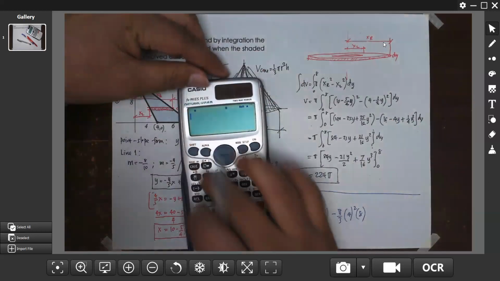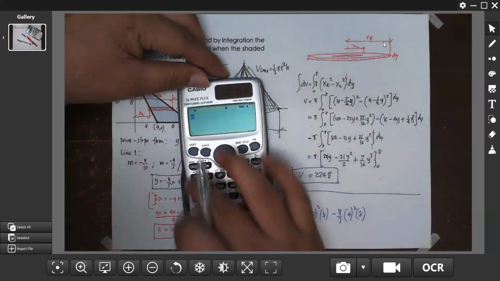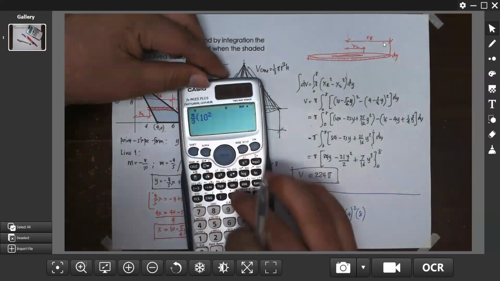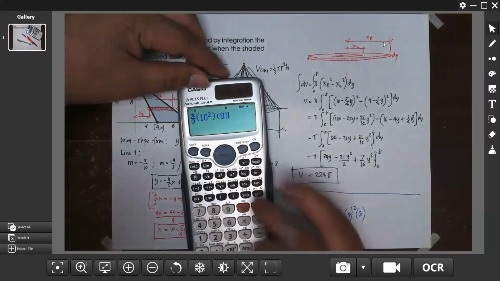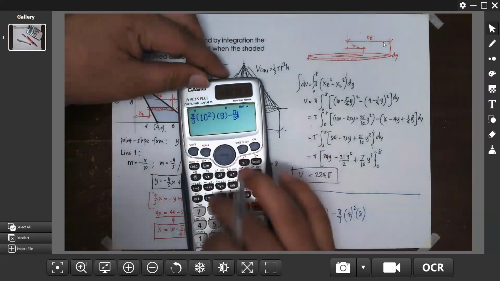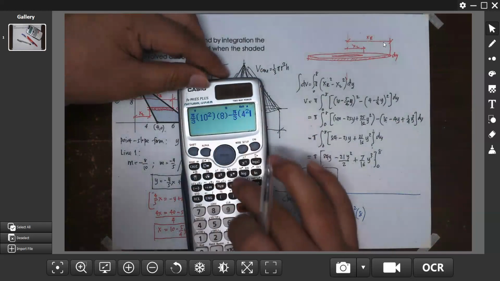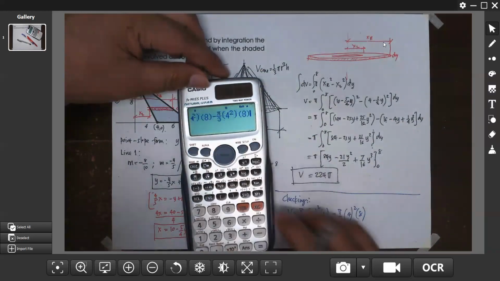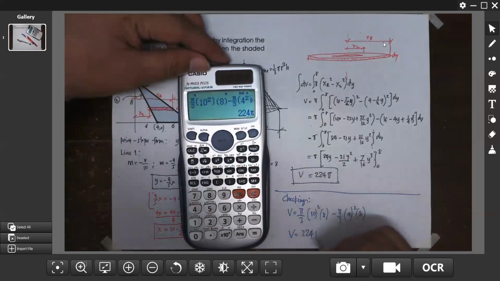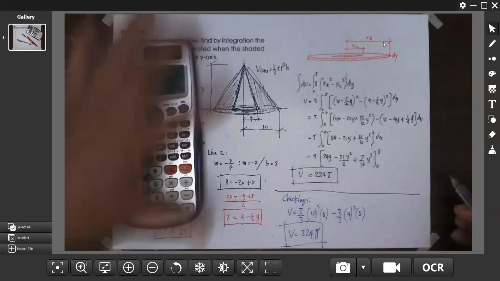So we have pi over 3 times 10 squared times 8 minus pi over 3 times 4 squared times 8. The answer is 224 pi.